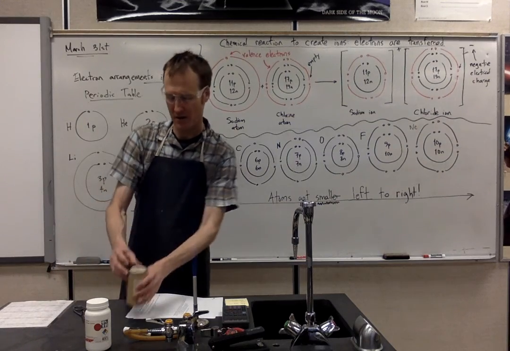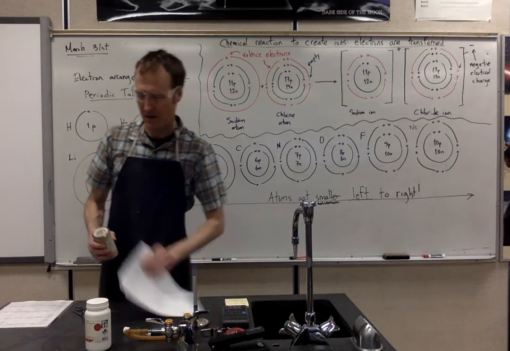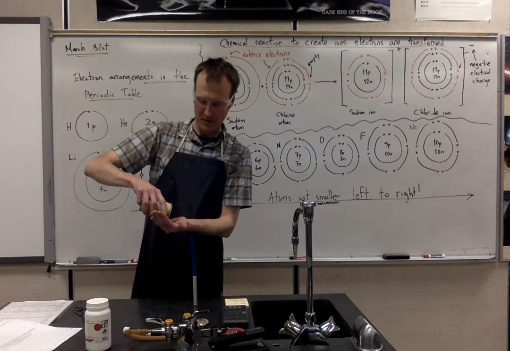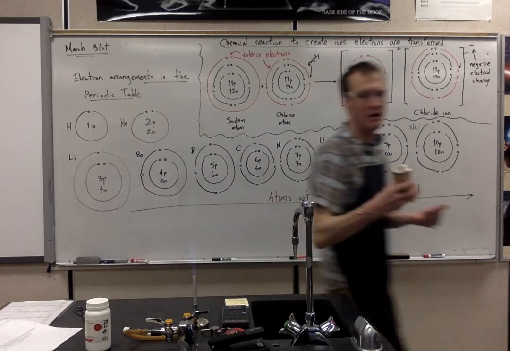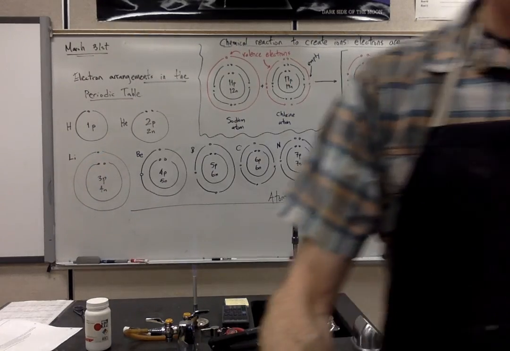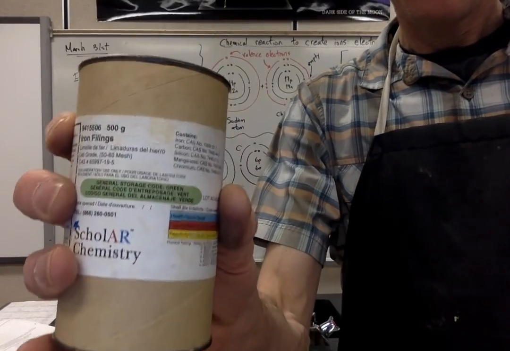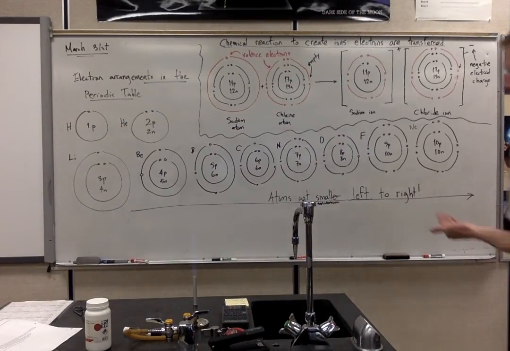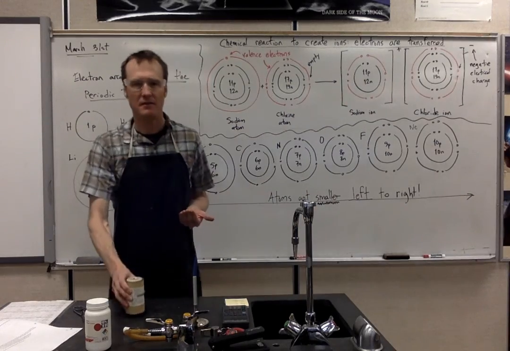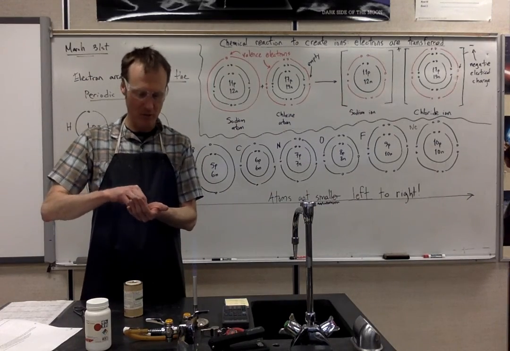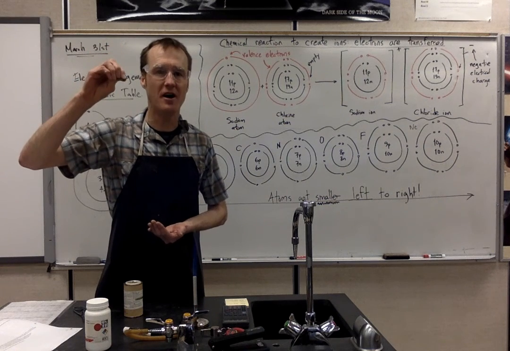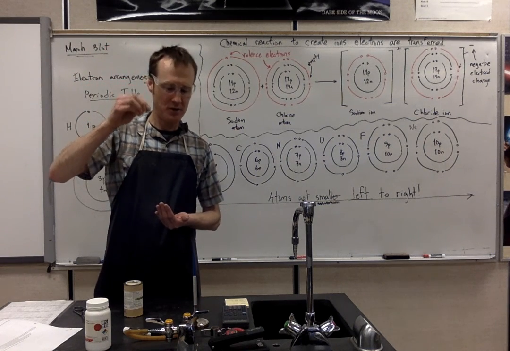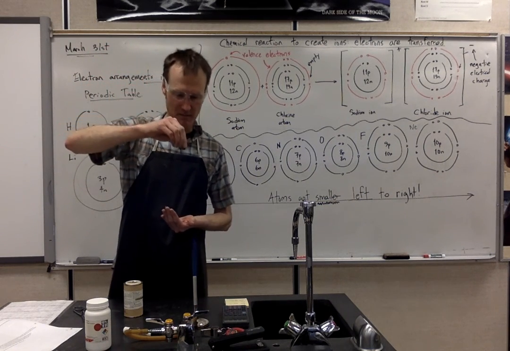What I've got here is a container that's got iron filings in it. Elemental iron. Element 26, you'll find it in your periodic table. These are atoms of iron that I have in little crystals of iron. Let's see how this shows up.